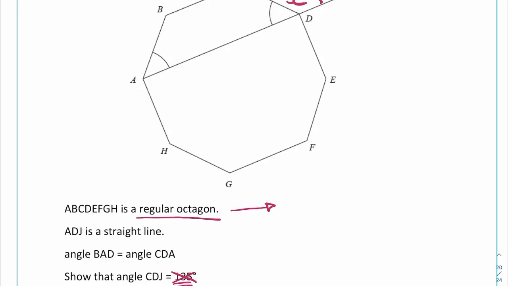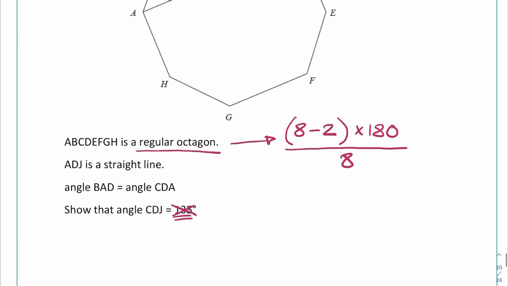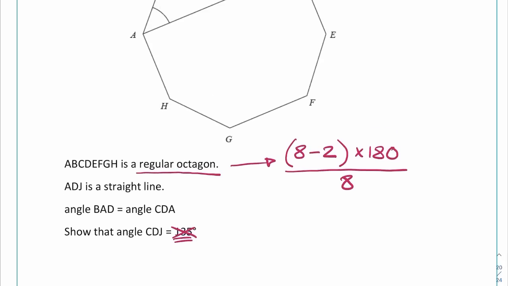So to work out the interior angle, we do the amount of sides, take away 2, which tells us how many triangles it's constructed of, and multiply that by 180. And that's going to tell us the sum of the interior angles. To work out one of those angles, well, as it's a regular octagon, we would divide by 8. And it would tell us the size of each of the individual interior angles.